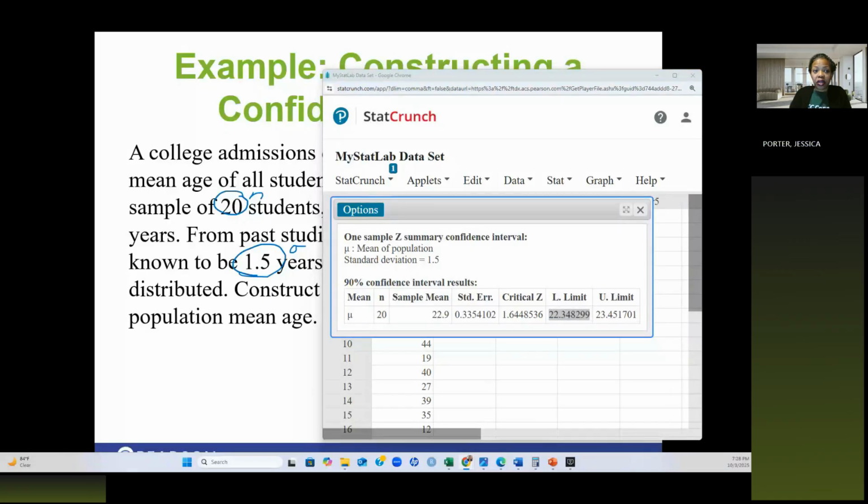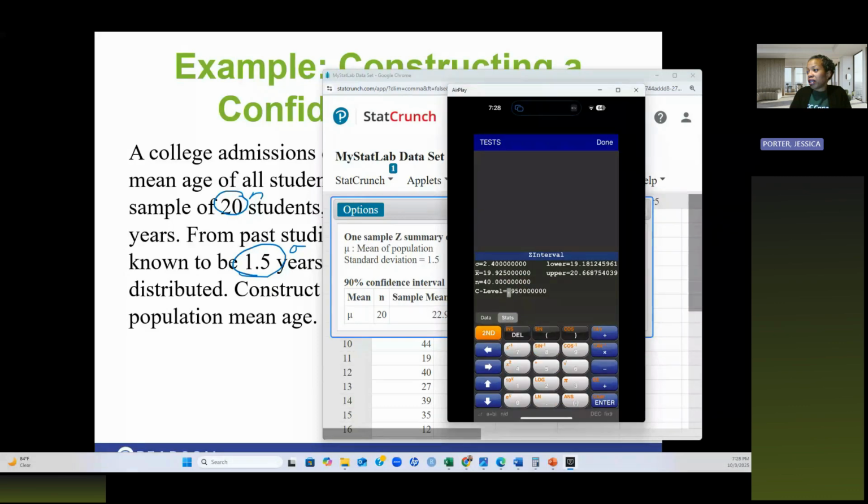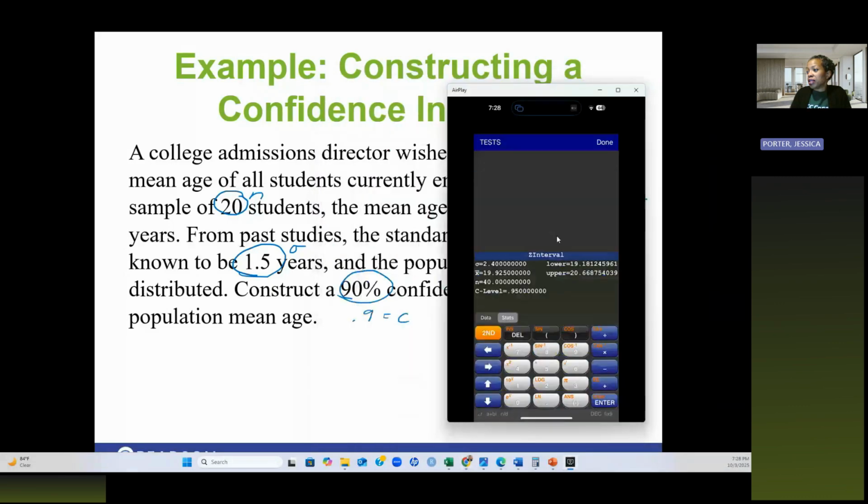Okay. In our handy dandy calculator, we want to go to the standard deviation, which we said was 1.5. The mean was 22.9. N was 20 in this case, and 0.9 was our confidence level.